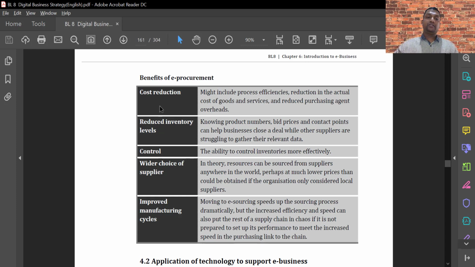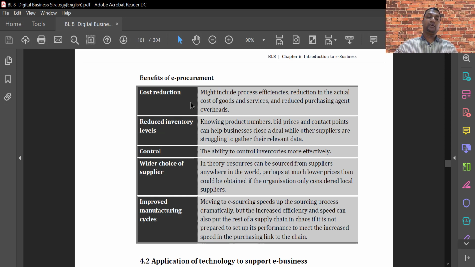One of the benefits is cost reduction. There will be an exponential reduction of the cost, because all the stages of the procurement process are captured in the online platform. So the process will be very efficient. It will not have delays in between on the approval process, on giving quotations and all that.